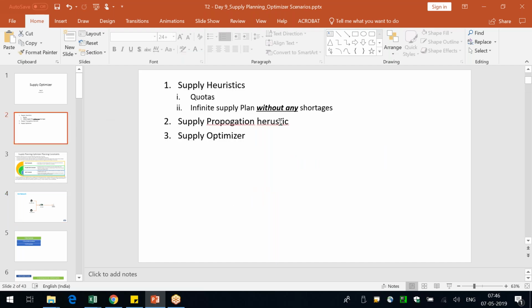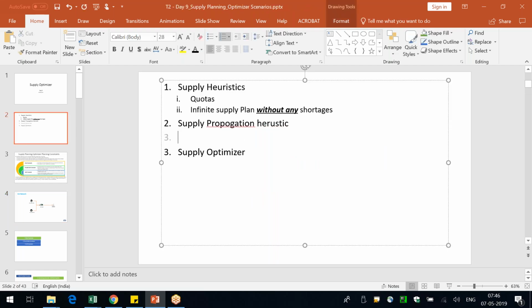The second type of algorithm is the supply propagation heuristic. It is just like the heuristic. It also works on quotas, and everything else in the heuristic is also covered in the supply propagation heuristic. But the only thing is that this is not an infinite supply plan. This is a finite supply plan with shortages.